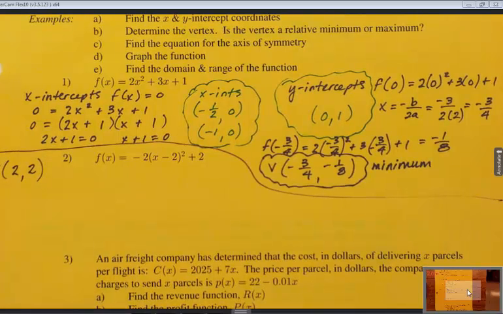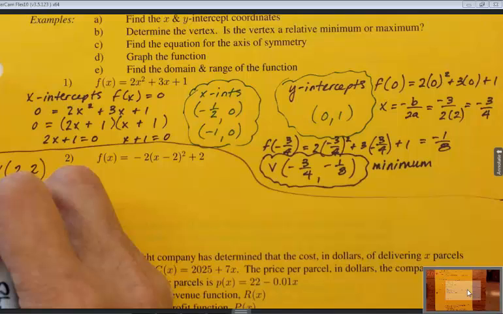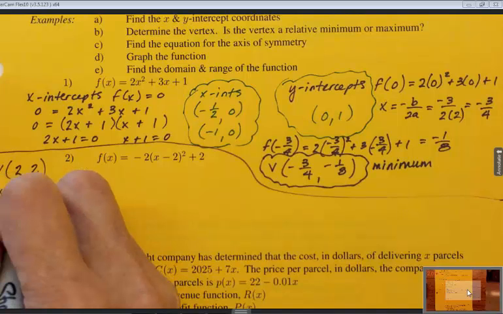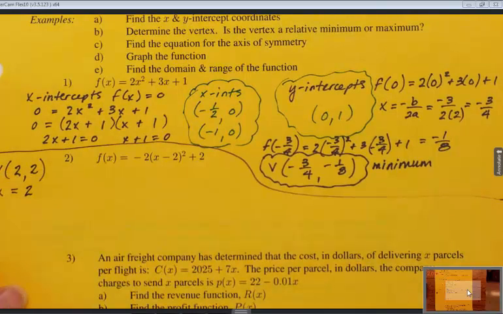Okay, how are we going to find the, let's do x-intercepts. Set what equal to 0? So we're going to take f of x, set it equal to 0, and we're going to solve negative 2 times x minus 2, quantity squared, plus 2. Be careful when you square your binomial. You should do that first, order of operations.